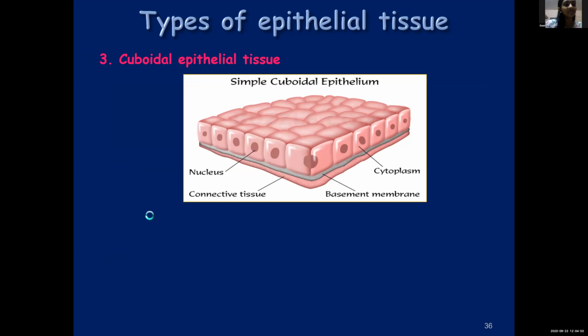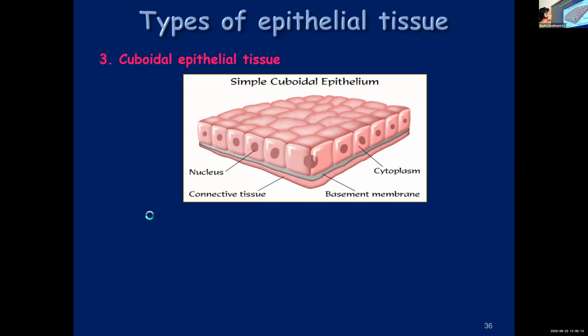Now the next one, the third one: cuboidal epithelial tissue. We have four different types of epithelial tissue, and now we are in the third one. You all are learning maths. You know what is meant by a cube, the appearance of a cube.